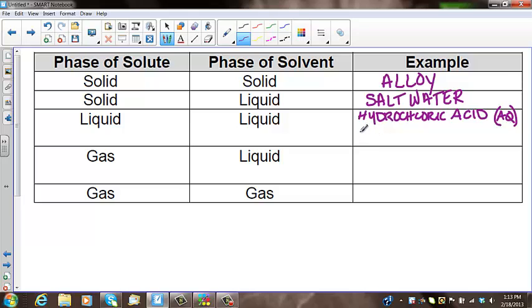Or I might have ethanol, which is alcohol, aqueous, also mixed with water. If I have a gas and a liquid, a good one for an example would be soda, either club soda or Coca-Cola. You've got compressed CO2 in the liquid, and a gas in a gas. A good example might be air.